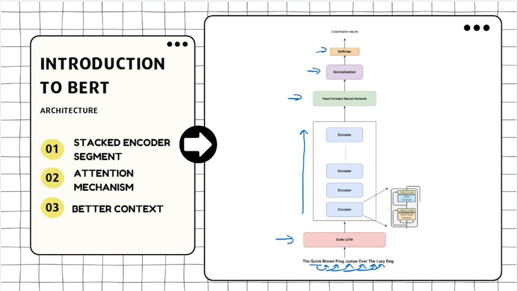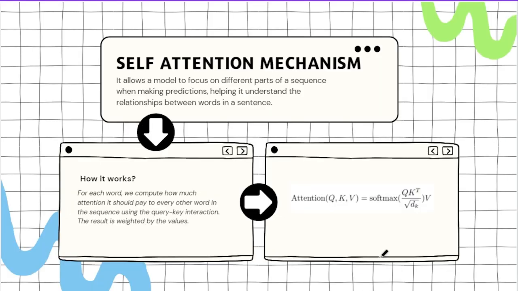If we look at the formula, it says Attention(Q, K, V) is equal to softmax of QK^T divided by root over d_k, times V. This formula has the Q vector, which is the query vector. The query vector basically represents the word that we're focusing on.